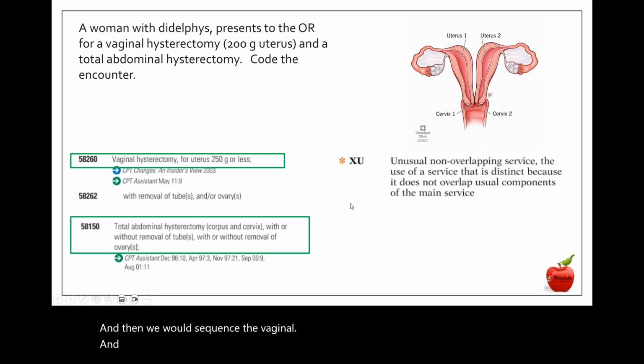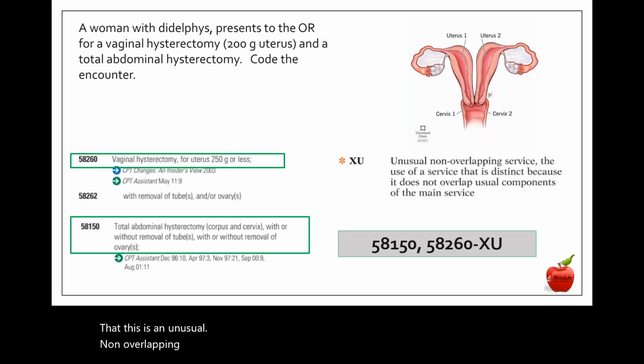And after that, we would append modifier XU because you use this modifier to let the system and the payers know that this is an unusual, non-overlapping service that is distinct because it does not overlap, right?